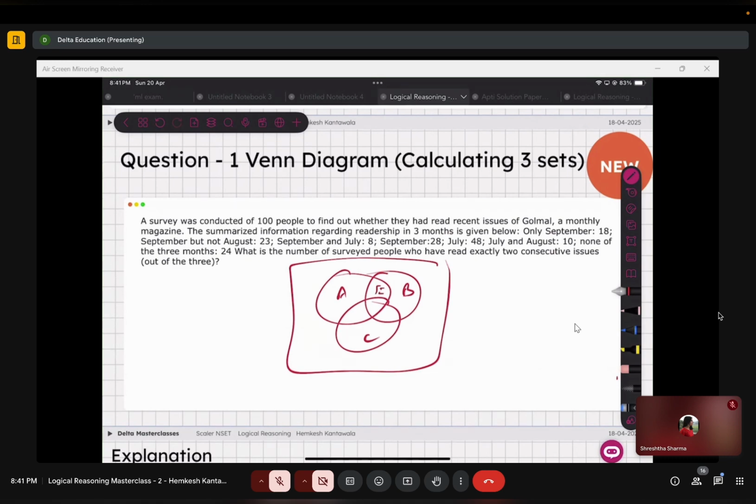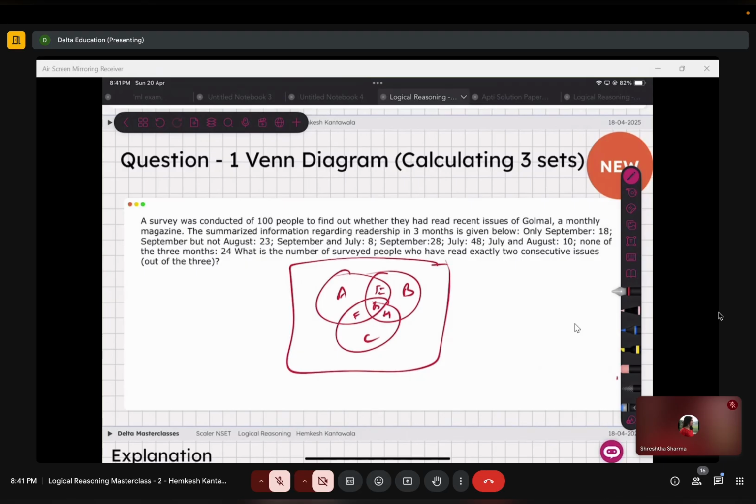Then there is only September. Then you just kept the data from the question. Yes. Correct. Great. Yeah. So you can unmute yourself.